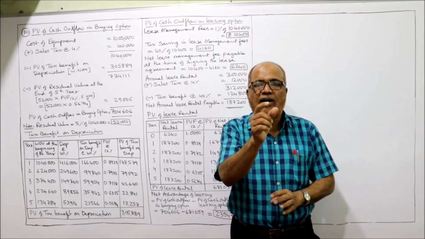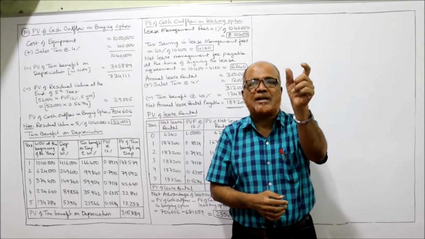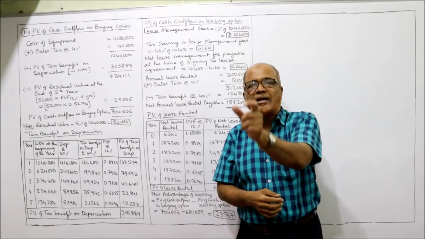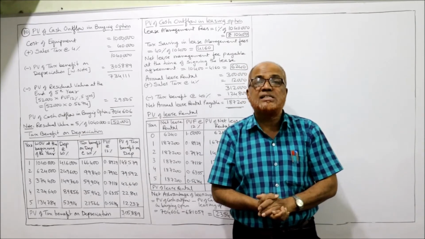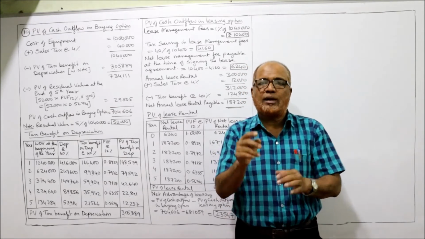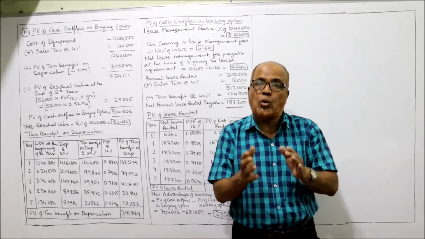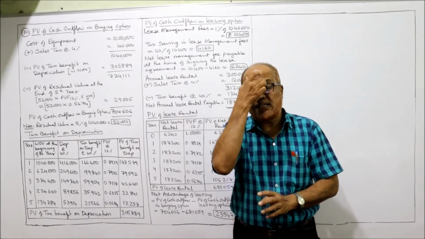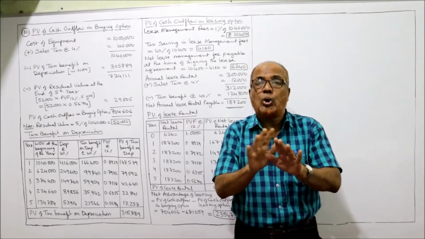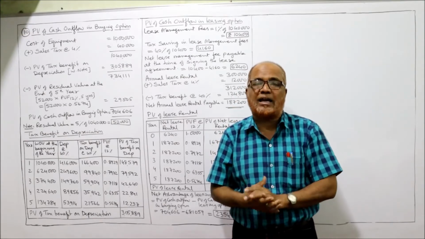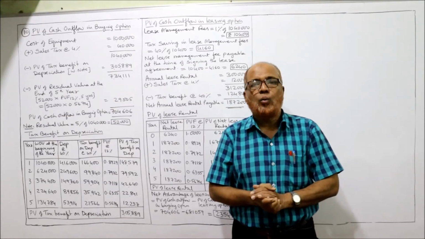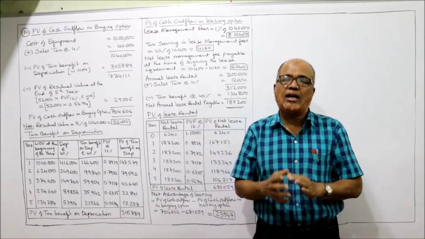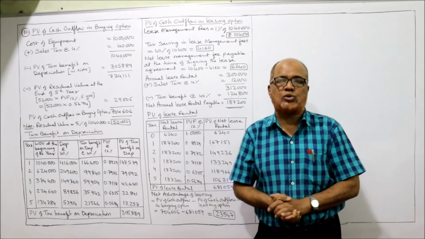The net advantage of leasing is the difference between present value of buying option minus present value of leasing option. So if you get positive net advantage, go ahead with leasing. If you are getting negative net advantage, don't go for leasing, go for buying. So in this way, we take the decision regarding evaluation of leasing proposal.